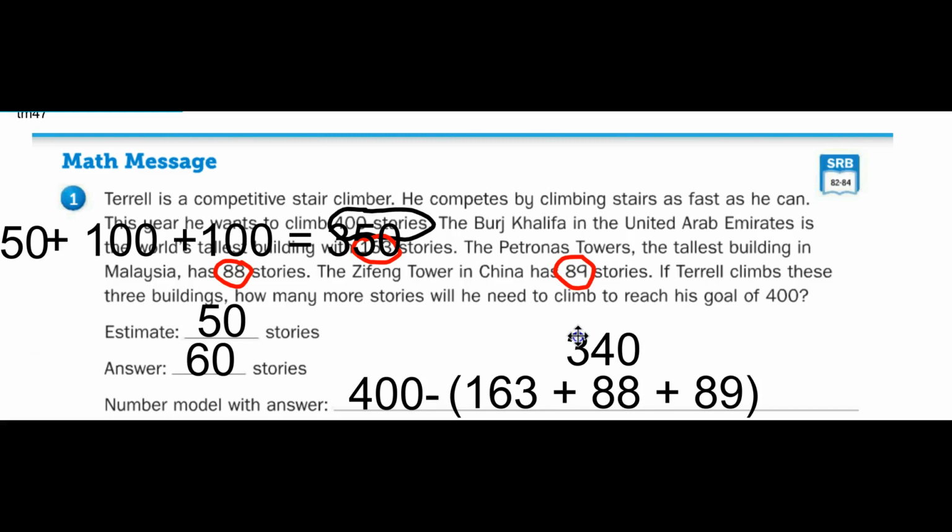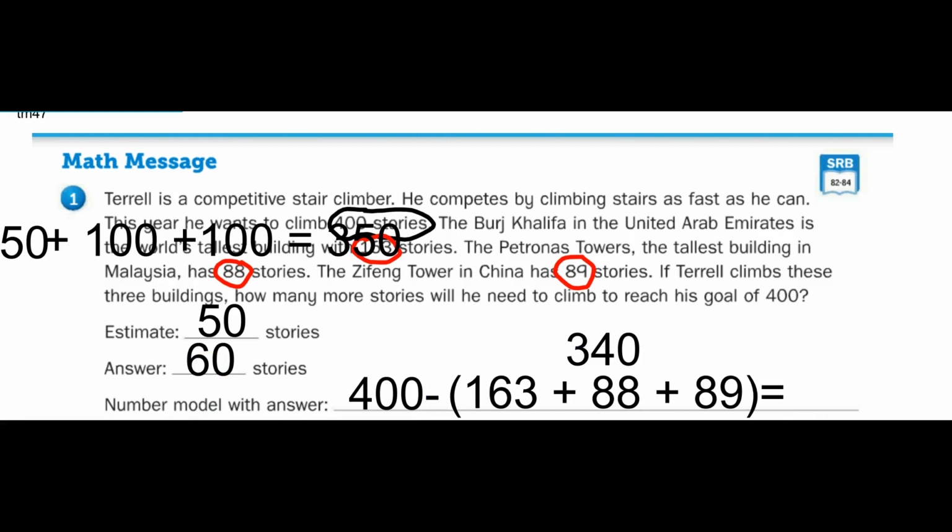So the first thing I did was add the stories of these three buildings together to get my 340. After I did that, then I could do 400 minus 340, and I get my answer of 60 stories.